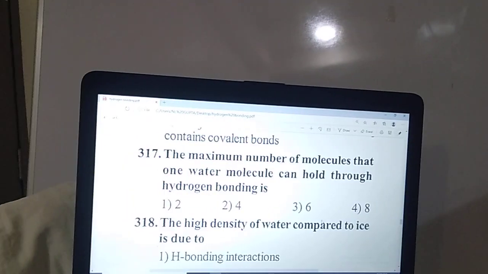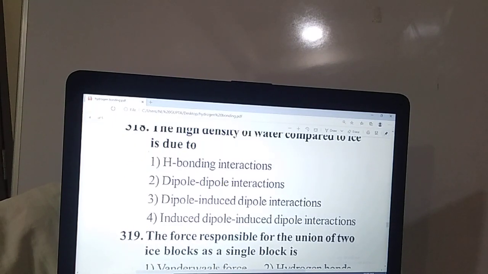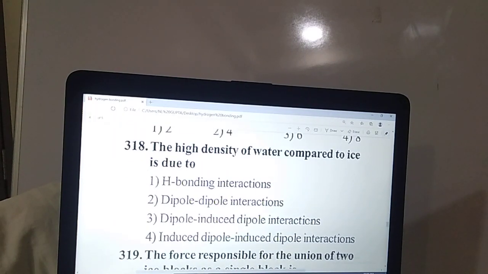Now let us move on to 318. The high density of water compared to ice is due to, okay, what are they saying? The high density of water compared to ice is due to hydrogen bonding.